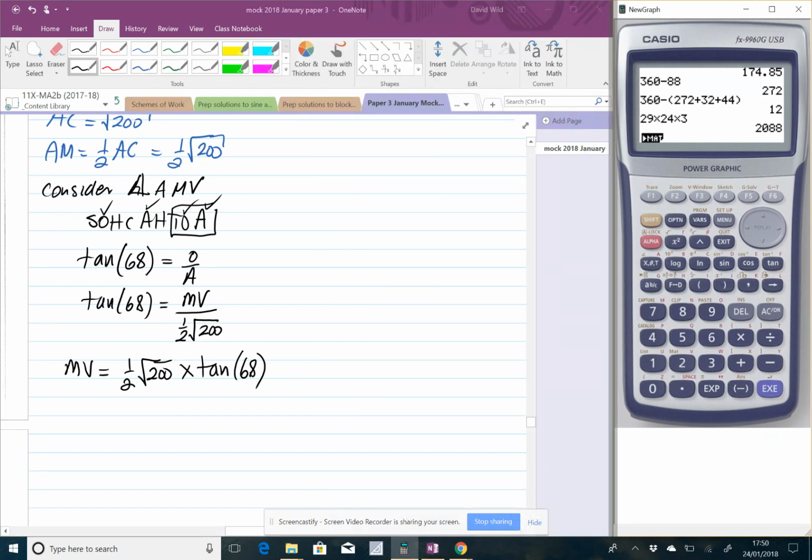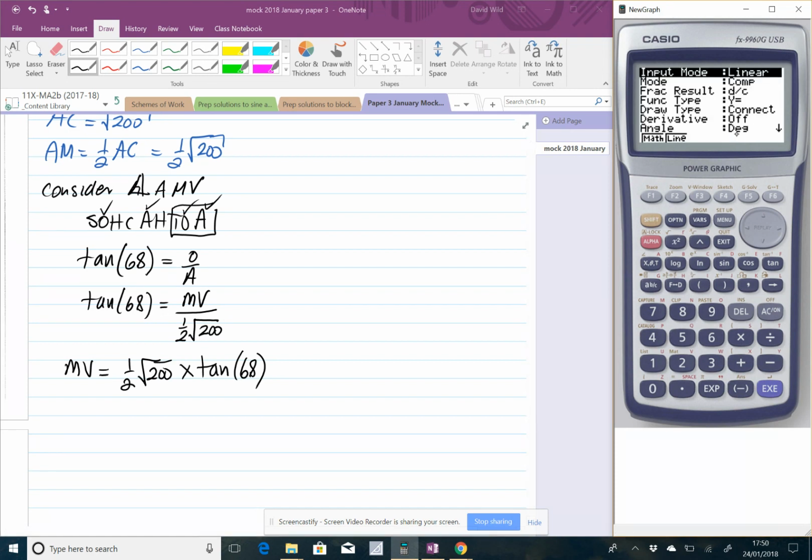So I'm just going to get the calculator up here. There we go. I'm going to make sure that this is set up to do degrees. It is, so that's okay. Your calculators are of course different. So I'm doing a half, 1/2, times the square root of 200, and then I'm going to multiply that by the tangent of 68 degrees.